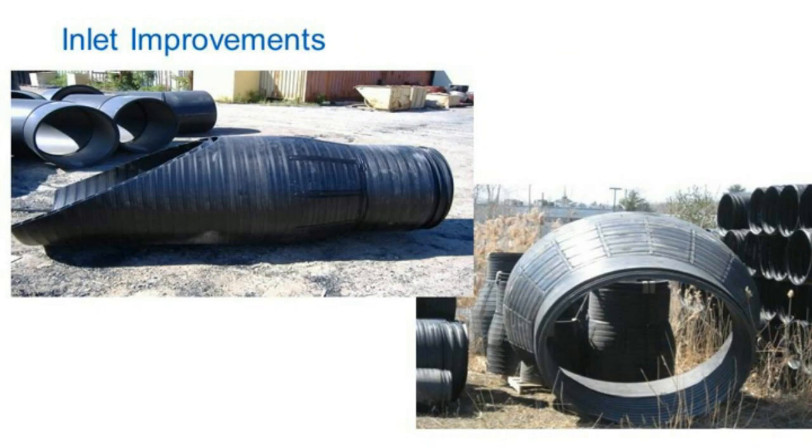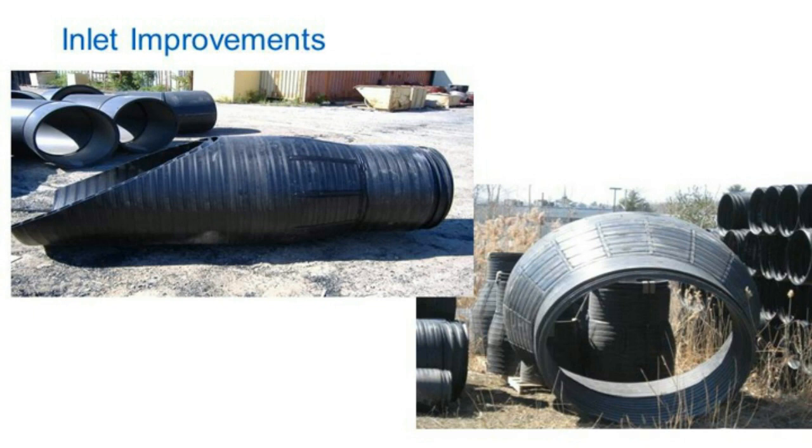Some different designs and methods for inlet improvement. We can fabricate pretty much any kind of concentric fitting or inlet treatment that the engineer decides is hydraulically required, to help get that water down into that culvert a little more efficiently.